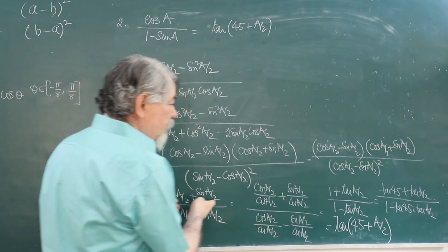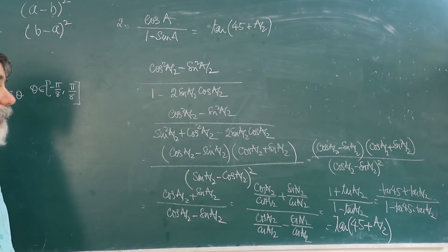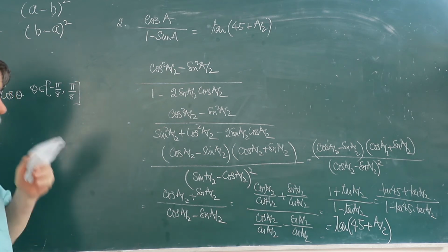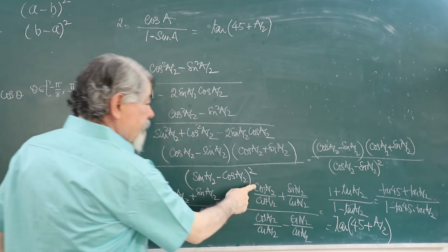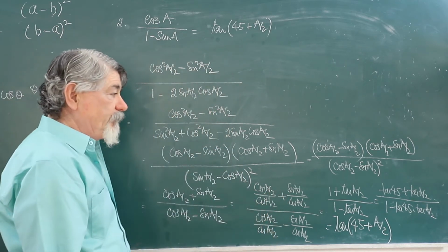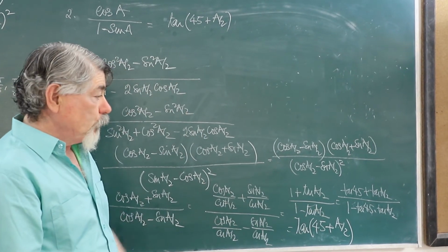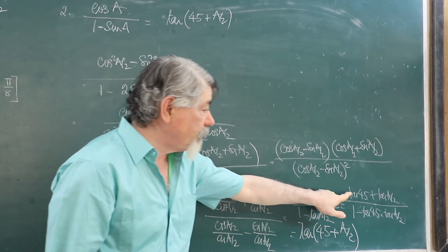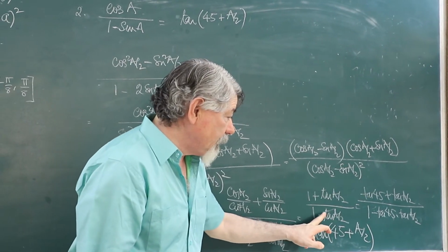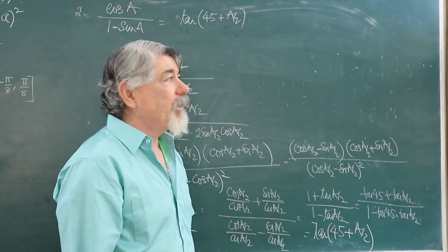Then we divided numerator as well as denominator by cos a/2, because we want the answer in terms of tan a/2. Cos a/2 cancels, and sin a/2 upon cos a/2 gives tan a/2. Here it is 1 minus tan a/2. Then I wrote 1 as tan 45, because of tan(A plus B).